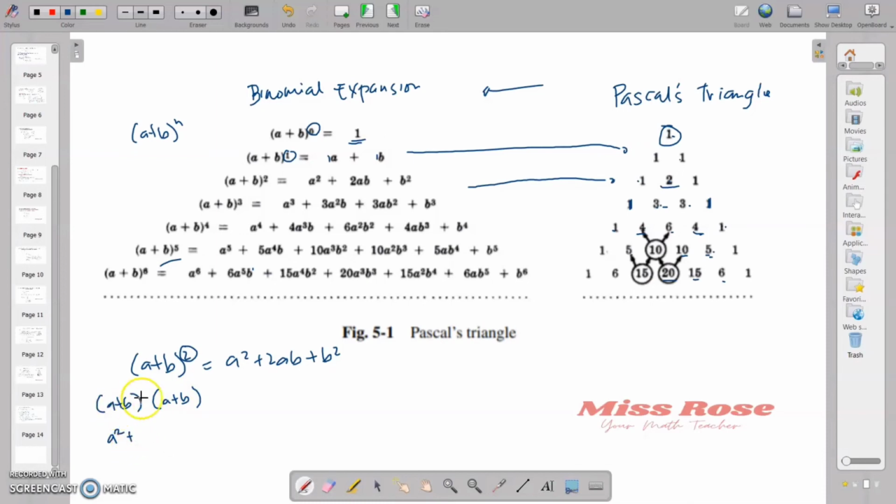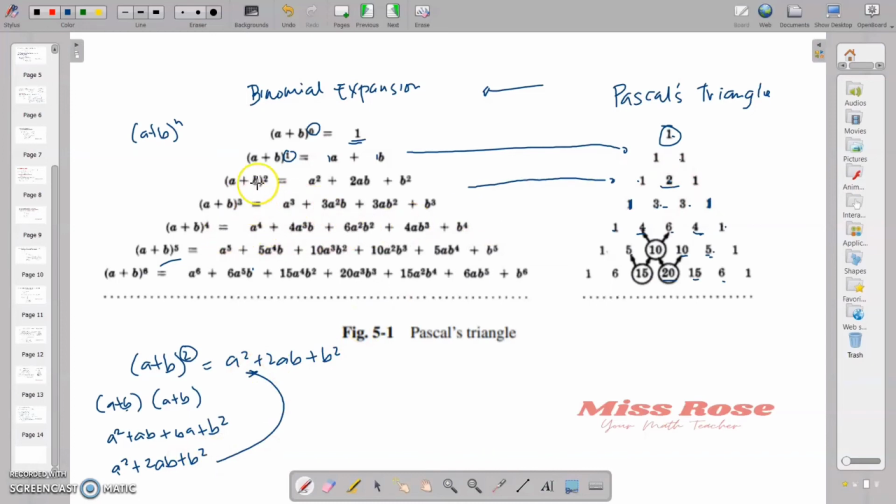Plus a times b, so ab. Plus b times a, so ba. Plus b times b, so b squared. So a squared plus ab plus ba, so 2ab plus b squared. So that is correct and the same pattern.